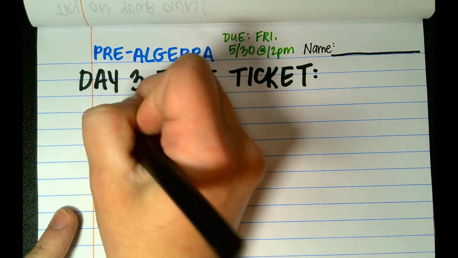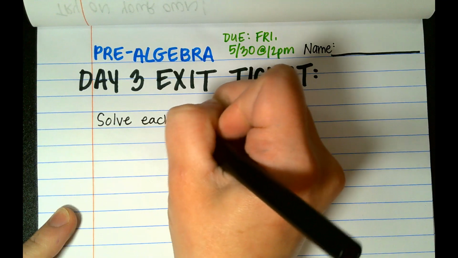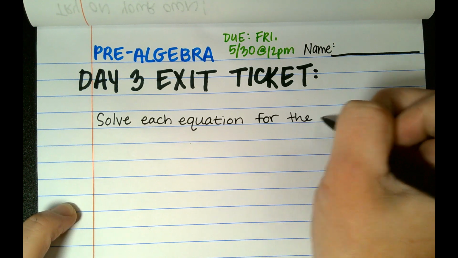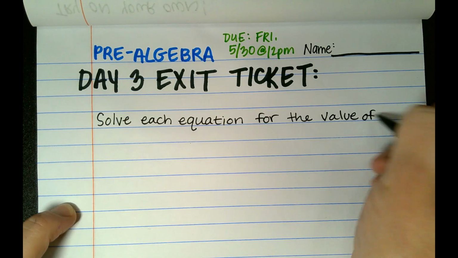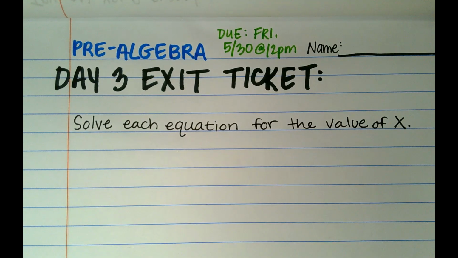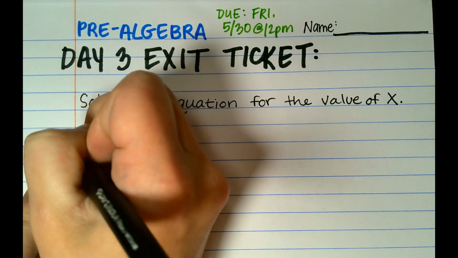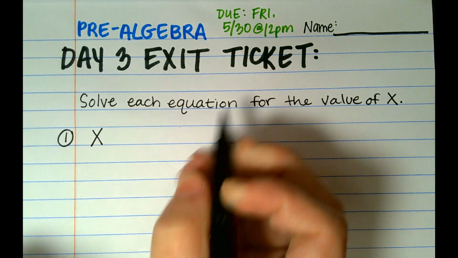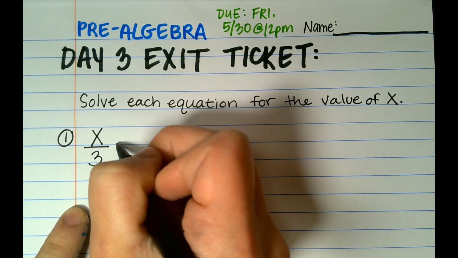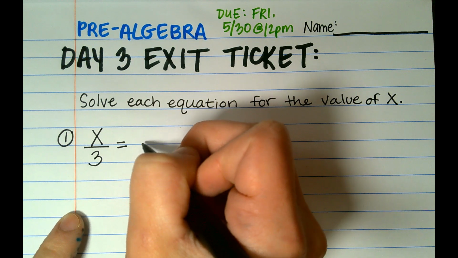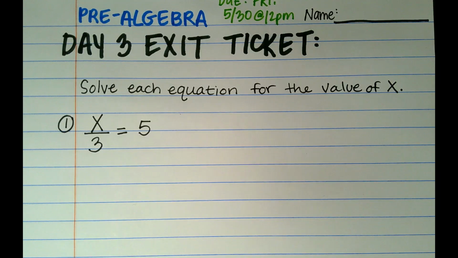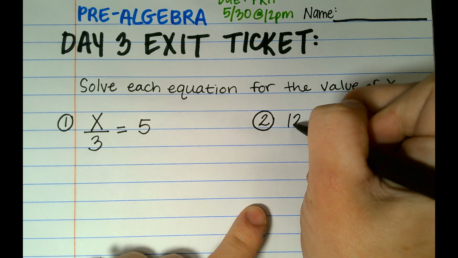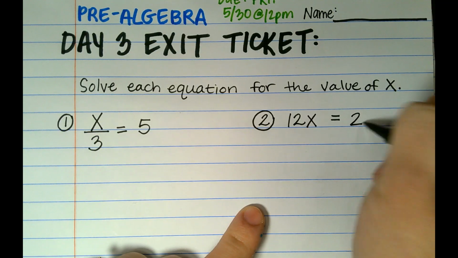For this exit ticket, you are going to solve each equation for the value of x. Don't forget we're using inverse operations.